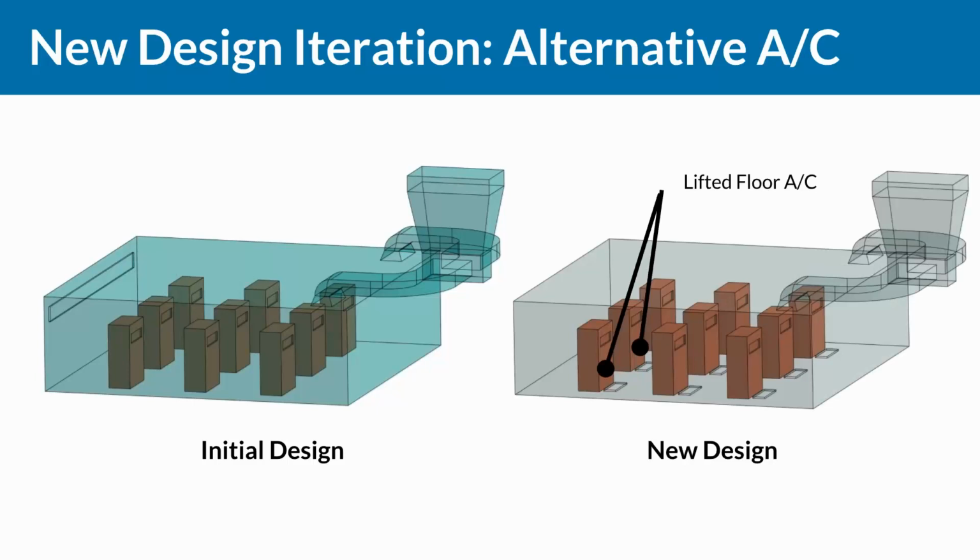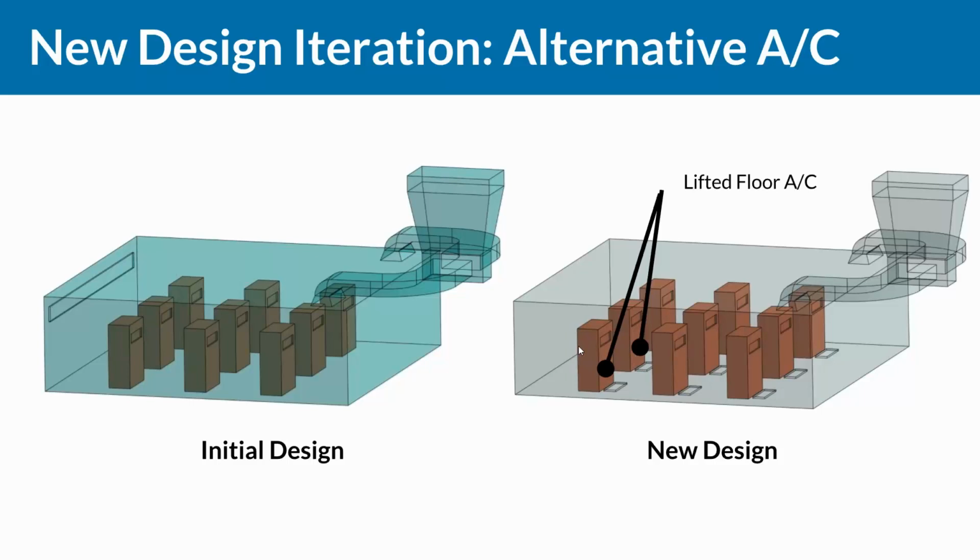Based on the analysis of the results that we got from this simulation, we have decided to come up with a new idea. We found that the problem was happening because this flow will hit the first row of computers, then the flow will get stuck there with this vortex that is created here.